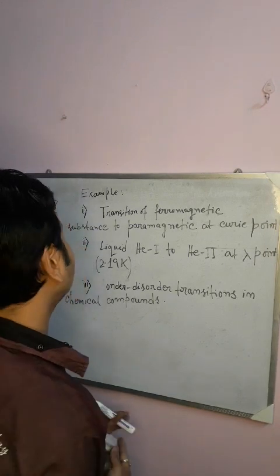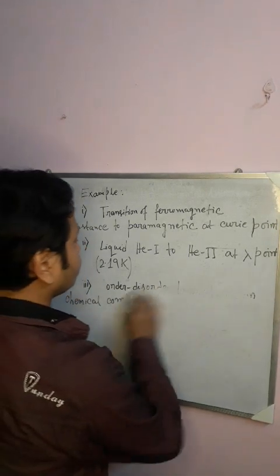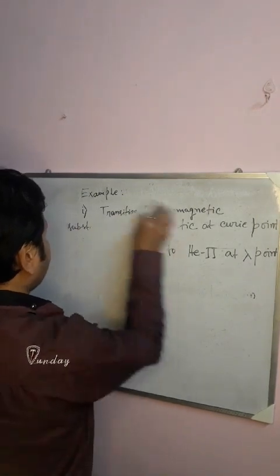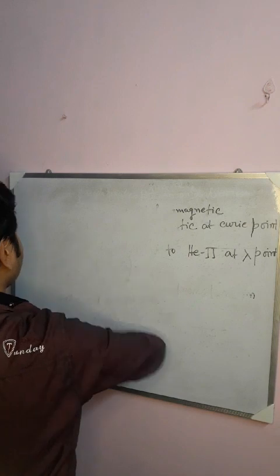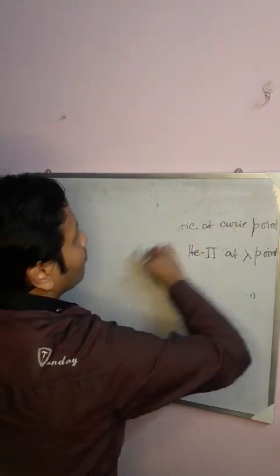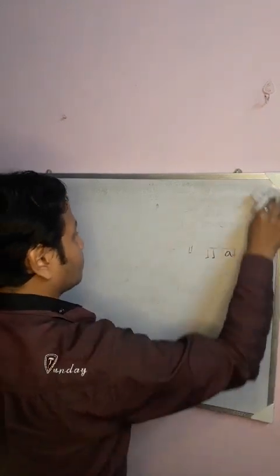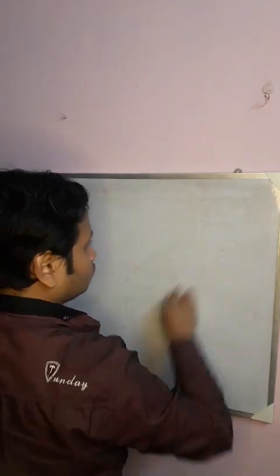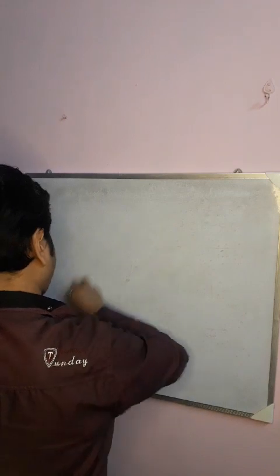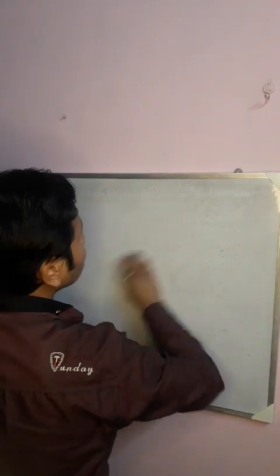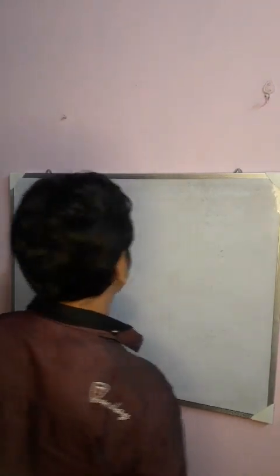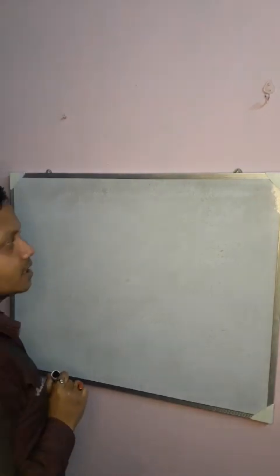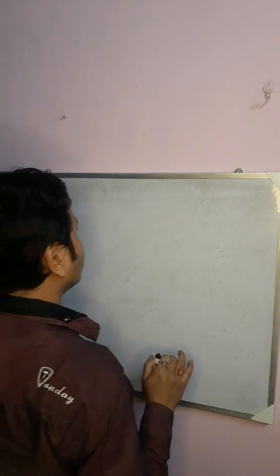Now I told that second order phase transition is governed by the Ehrenfest equation, and that equation we already derived in the Maxwell's relations chapter. But since I am doing phase transition here, I must do it again.